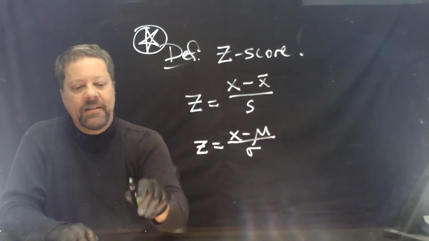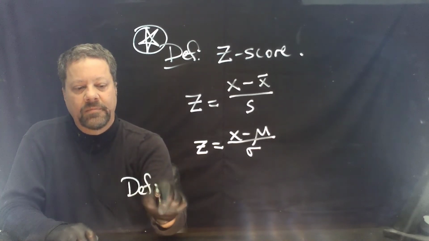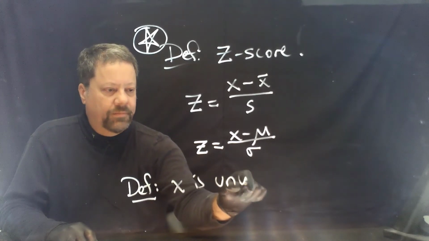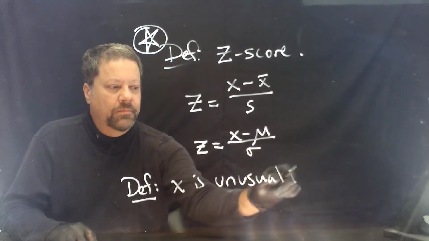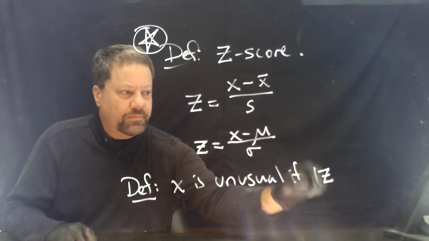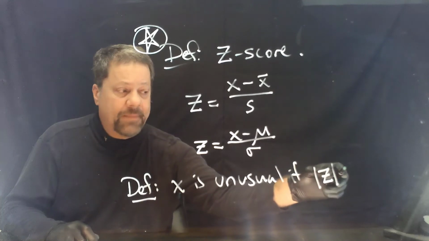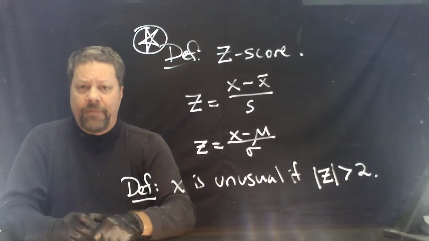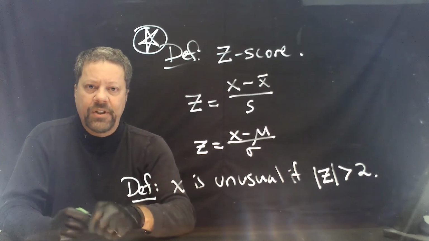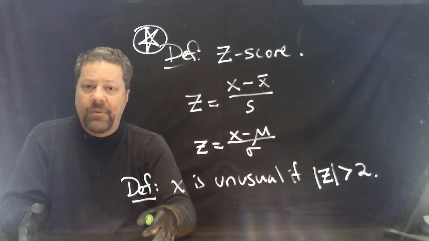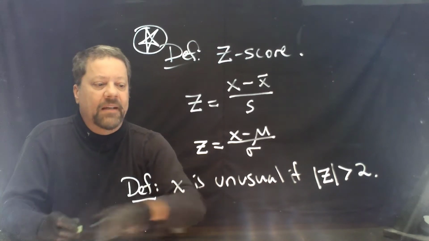We should also make a definition. X is unusual if the z-score has an absolute value that is greater than 2. Remember that for normal distributions, for bell-shaped distributions, 95% of the data values lie within 2 standard deviations of the mean.